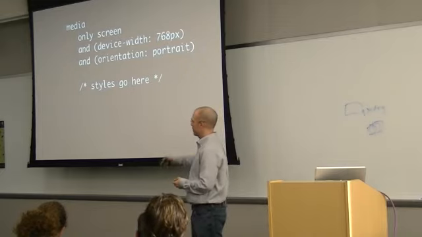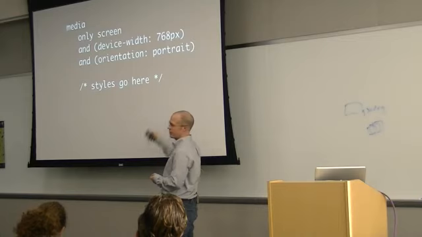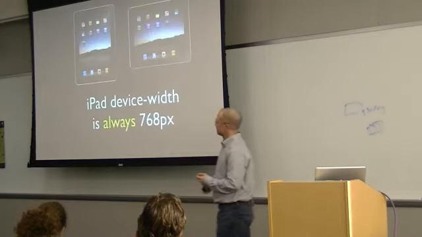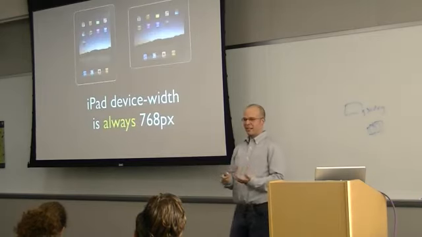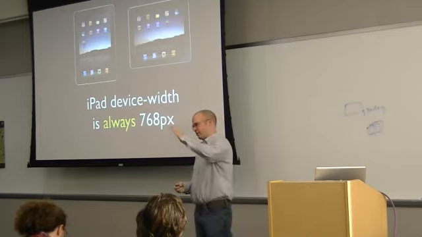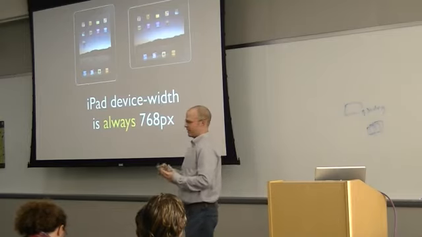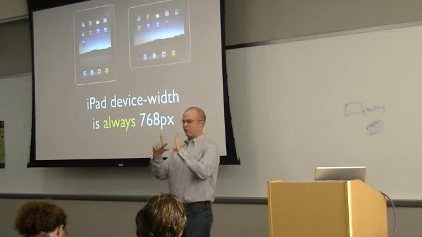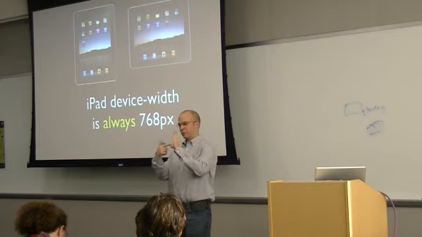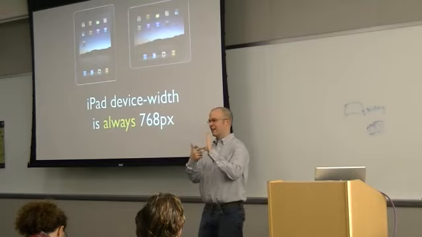Once we set up our query, the browser goes ahead and applies any styles that are within the curly braces. So it's really easy on the iPad. Like I said, remember, gentle ascent. The iPad is easy. Its device width is always 768 pixels. This width here is always 768. So when you build your media queries, that is a constant for you to work with.